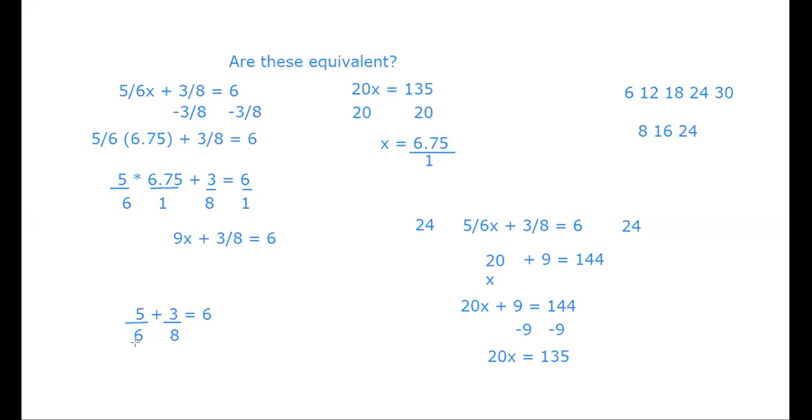If I multiply this one by 4/4, that's the same as multiplying by 1. 3/8, I have to multiply that by 3 to get the denominator up to 24. Now it's clear. Okay, good. And that problem that's in Odysseyware has different fractions, but it's the same kind of idea. We're looking for some multiple that will work for both, that will allow us to get rid of the fraction.